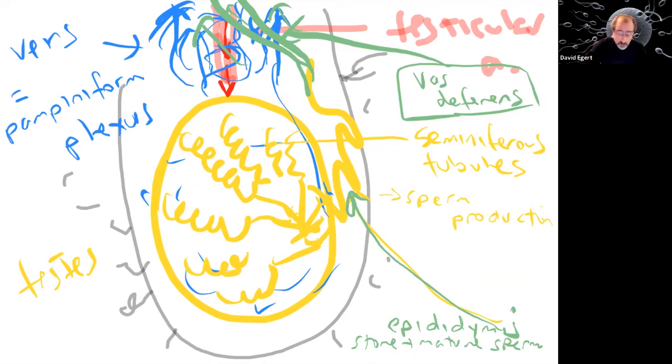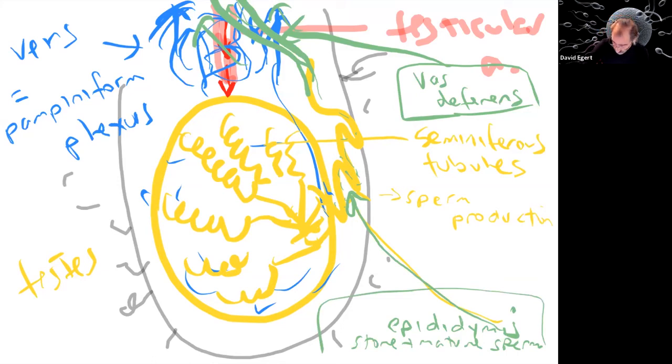When the sperm are made, they're moving along. There are little peristaltic waves of the muscle in the walls of these tubes that keep them moving along. And if a guy is not ejaculating, if the sperm are just hanging around, there are cells in the epididymis that can phagocytize and recycle sperm if they're lying in the wings too long.